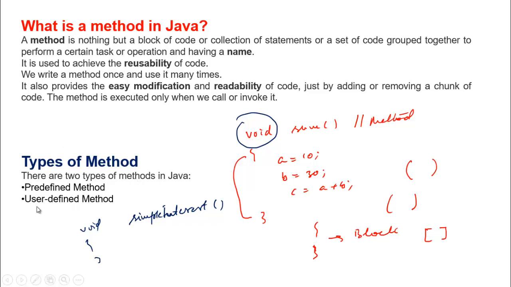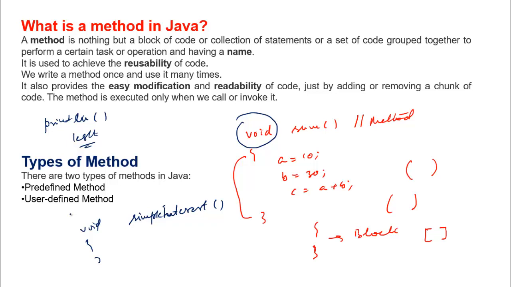A predefined method, like println, we have seen. There is the length method, sqrt method, and lots of other methods defined inside Java. The user defined methods are what we are going to learn.